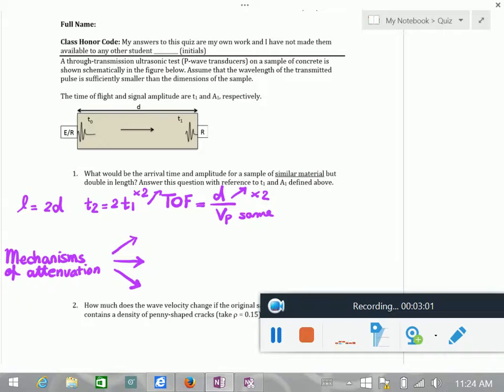Right. So we talked about 3 different mechanisms of attenuation. Originally I wanted to give you this as a quiz, just that you write down the different mechanisms of attenuation and explain them.